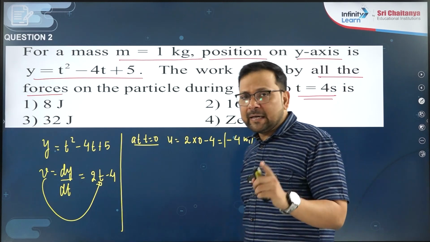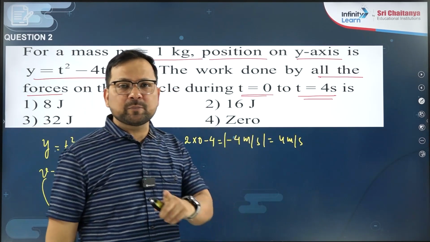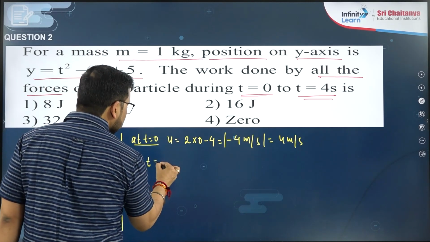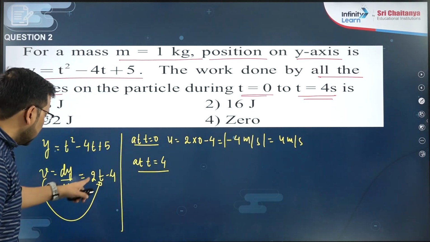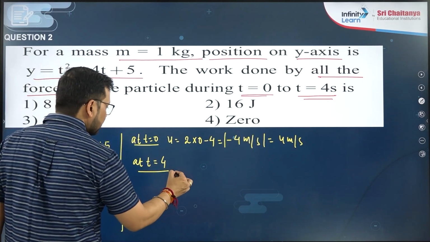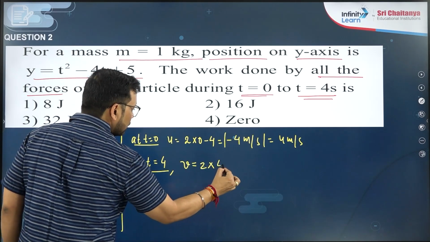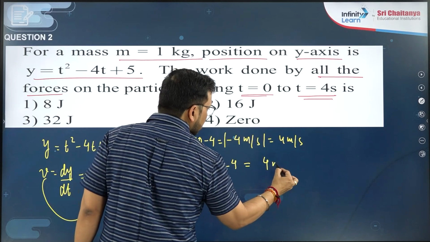Minus only indicates the direction of velocity, but I am not bothered about this. I will focus on speed. Speed is always positive. Then my question is asking at 4 seconds, so here I have to put t equal to 4. Final velocity is 2 into 4 minus 4, that is 8 minus 4, which is also 4.